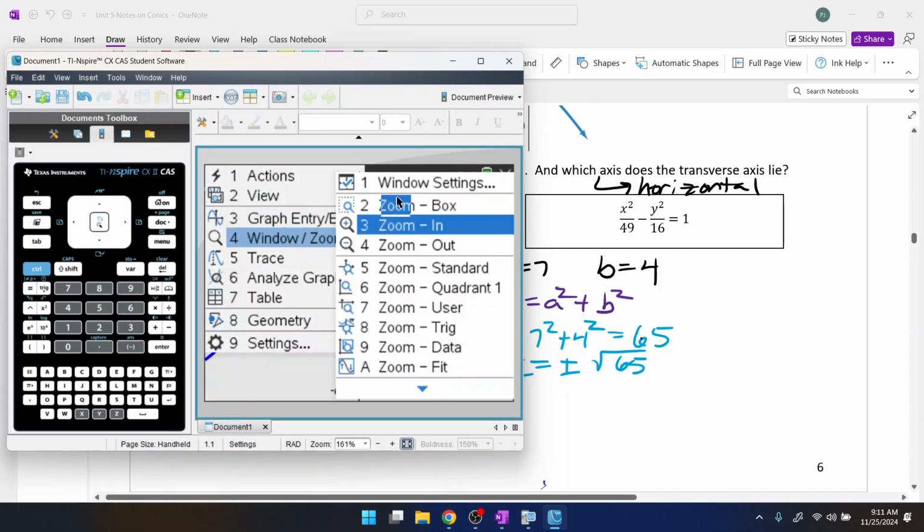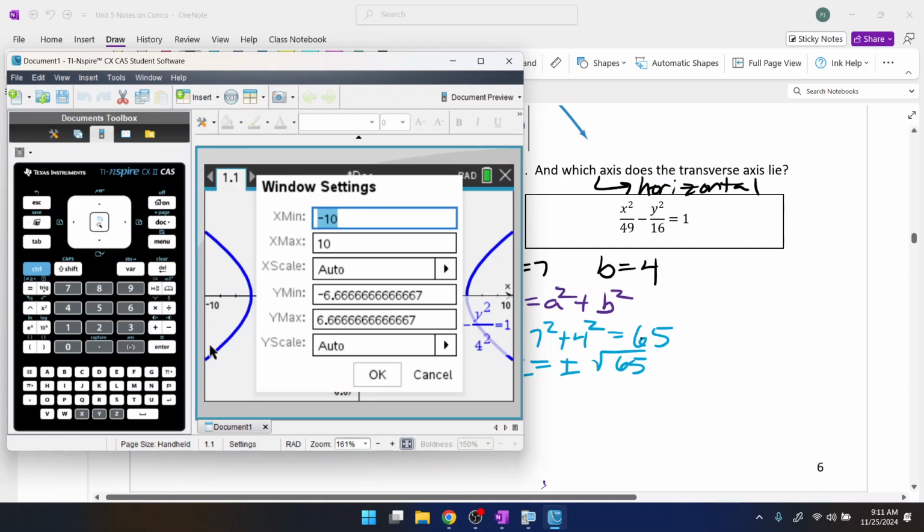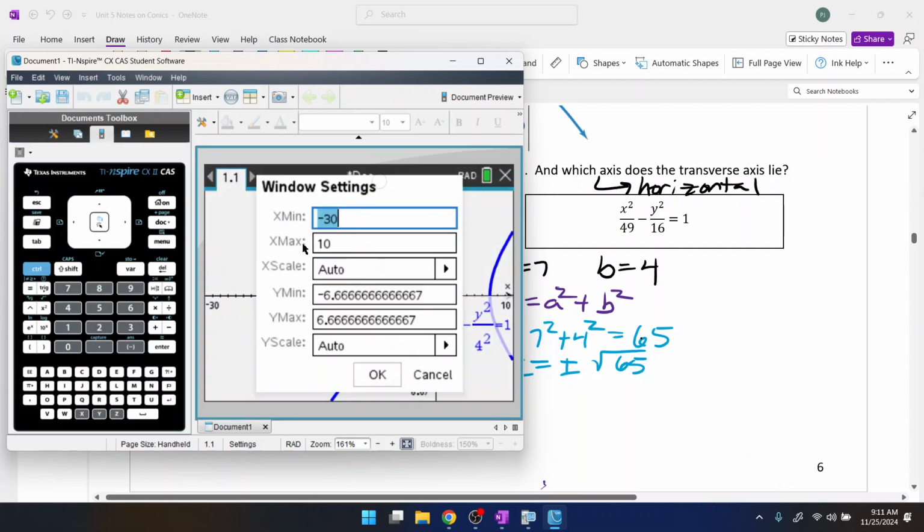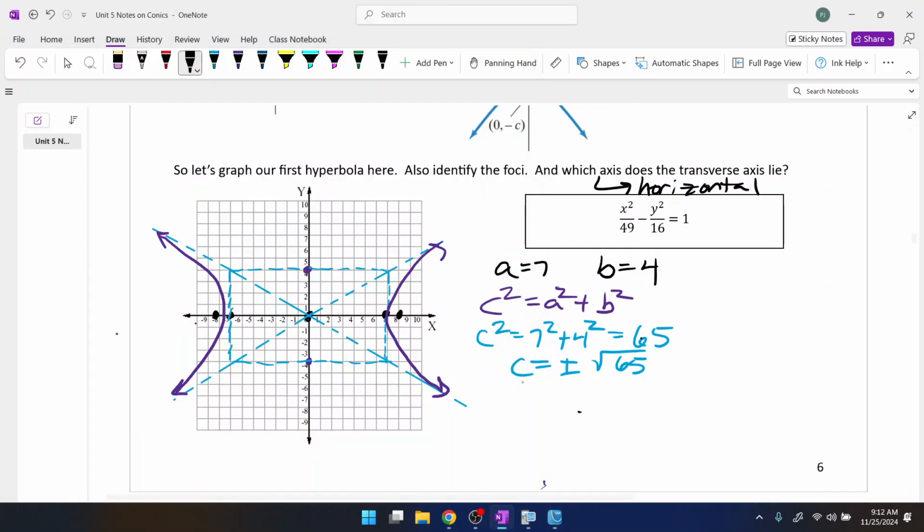And here's the thing. If I change the window, like make it -30 to +30 here. Now, what I want to do here is we have two asymptotes.